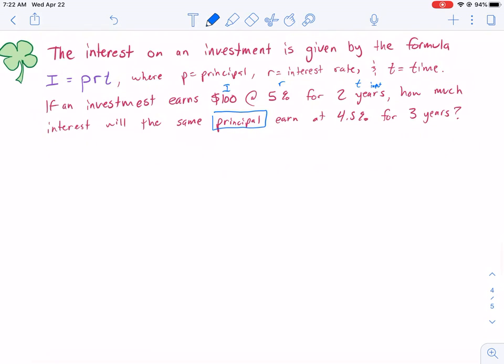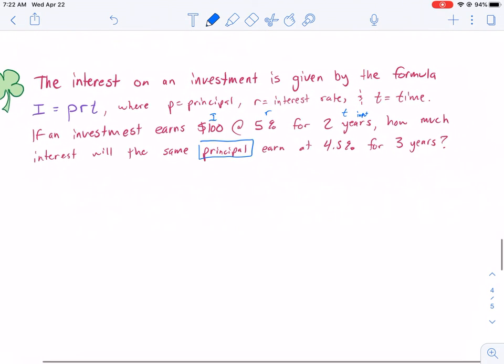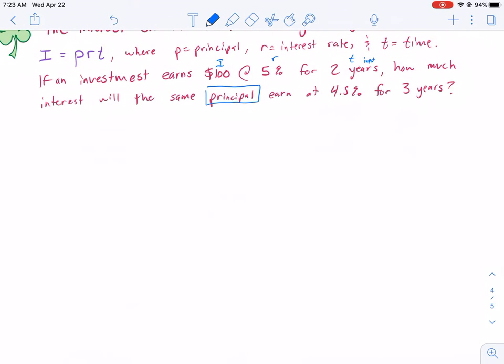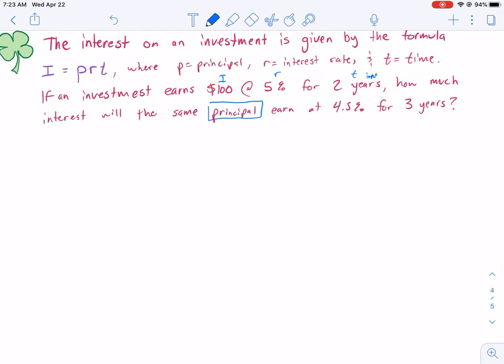Actually, the other thing that can change is the P. That can change also. So that's why there's joint variation. There are multiple things that can vary within the same problem. The only one that's constant is this R. Now, how much interest will the same principal earn at 4.5% for 3 years? So let's put in our formula.